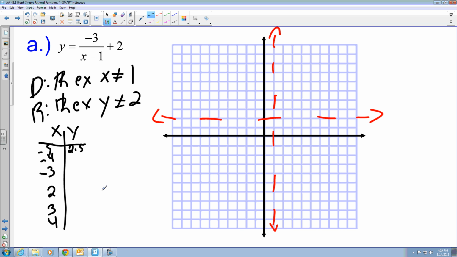Plus 2 here would give me about 2.6. For -3, -3 minus 1 is -4, so that would be positive 0.75, which would be 2.75. I think I did something wrong here with the -4.